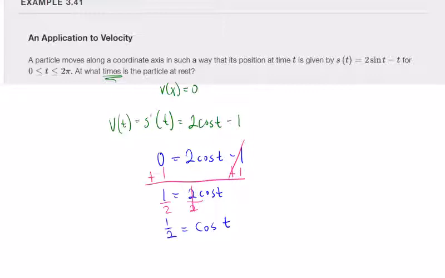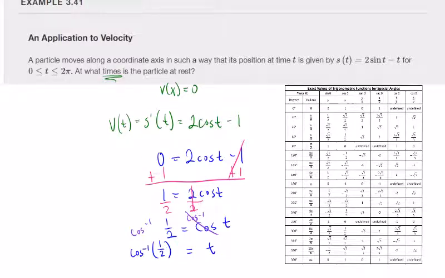Remember, then what we need to do is take the inverse cosine of both sides. The inverse cosine cancels out the cosine, and so we get t equals cosine inverse of 1/2. Here's where you would use your trig chart. We look in the cosine column and see where cosine equals 1/2.